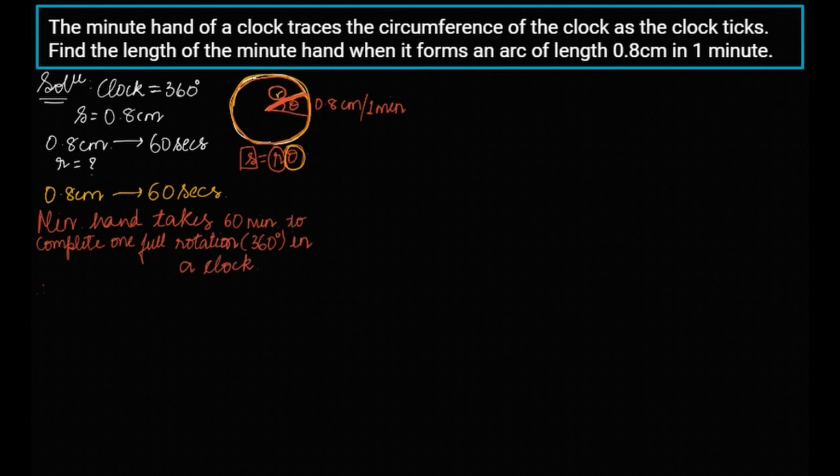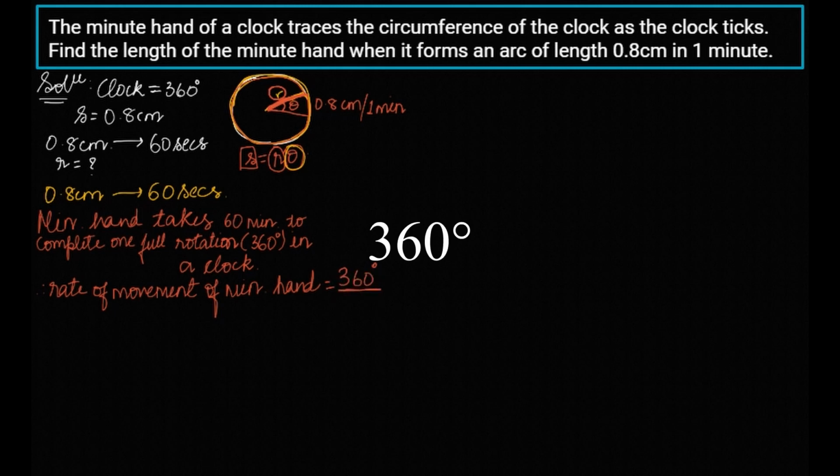Therefore, rate of movement of minute hand is equal to 360 degrees, that is the full angle of a clock, complete angular measure of a clock, divided by how many minutes the minute hand takes to complete 360 degrees, that is 60 minutes.